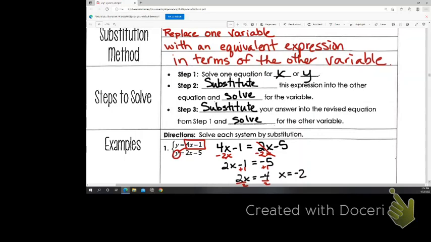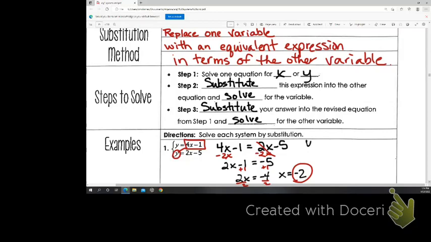So step 1 was done for us in this case. Step 2, that's when we set up our equation that then has no y's, it only has x's. And we have solved for x. Now we're going to take that answer for x and plug it into either one of the equations.